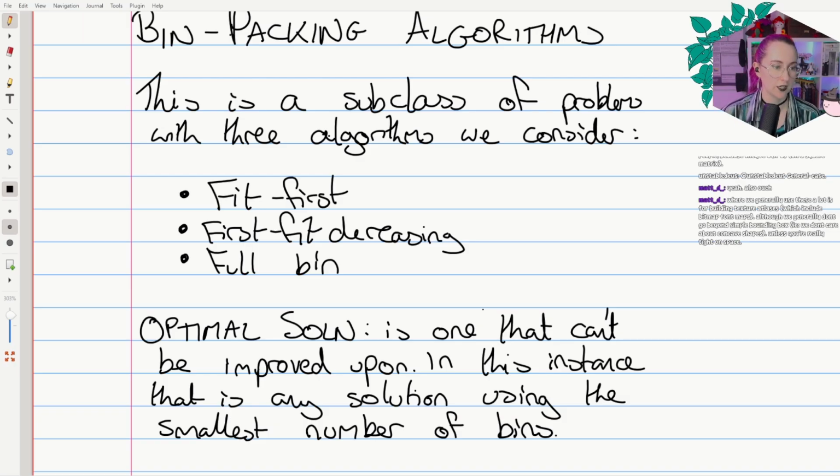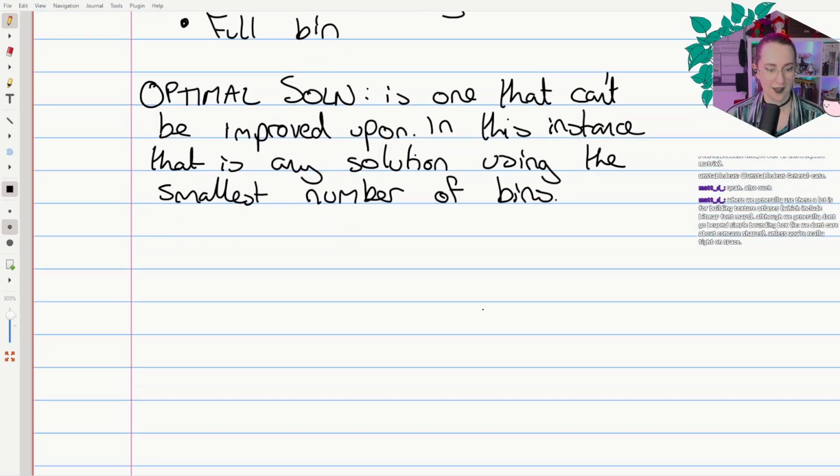If you think about me trying to put books on the shelves, for example, if I can fit everything onto one shelf, that's great. If I just put one book per shelf, I'm going to use a lot of shelves and have a lot of wasted space. But say I have 10 books and my shelves fit 5 books each, I can put 5 books here, and then 5 books here.